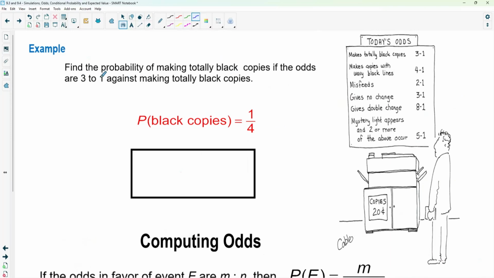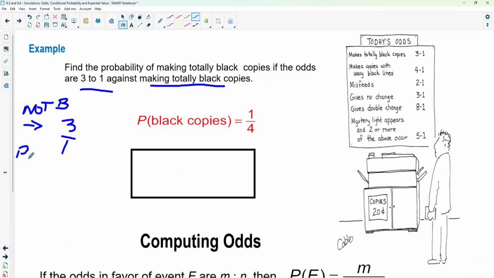So like this one, it says find the probability of making a totally black copy if the odds are 3 to 1 against making a black copy. So again, you're going to have 3 to 1. So this is that it's not black over that is black.